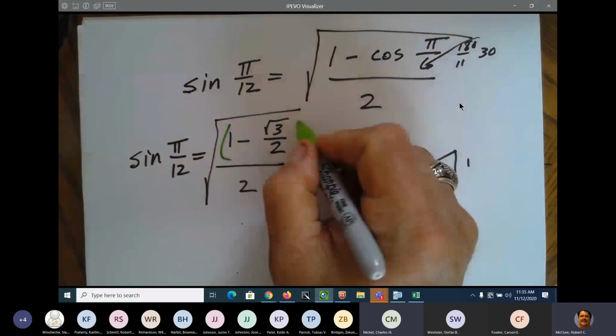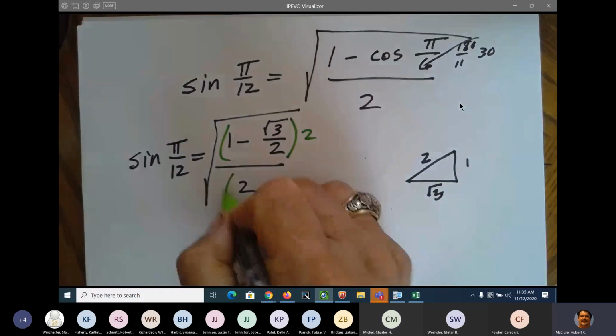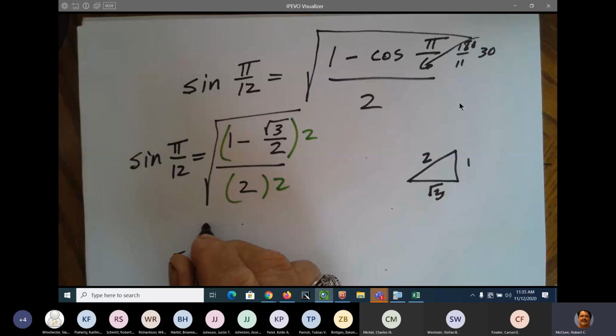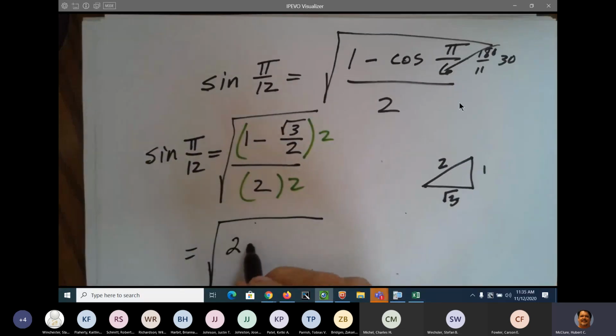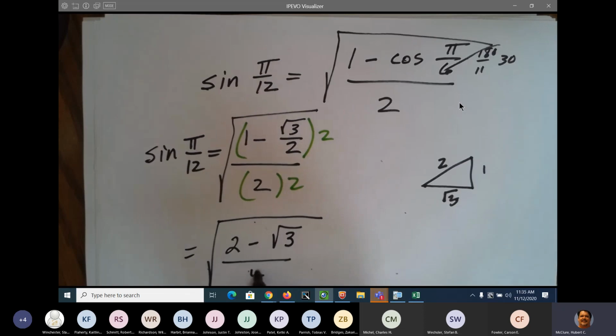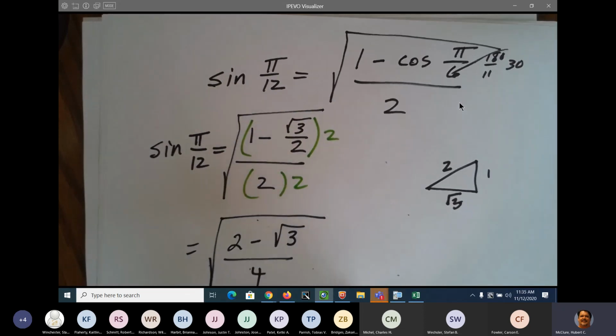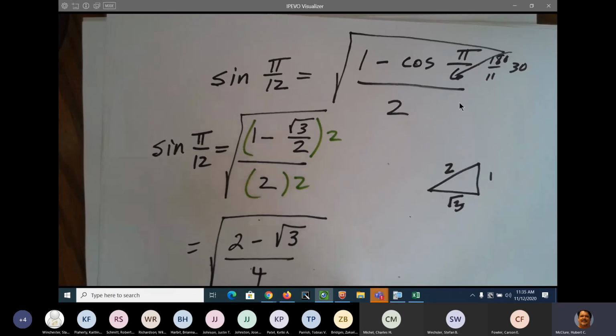Yeah, you're right. 2, 2. And that's going to give me the square root of 2 minus square root of 3 over 4, which is equal to the square root of 2 minus square root of 3 over 4, over 2.